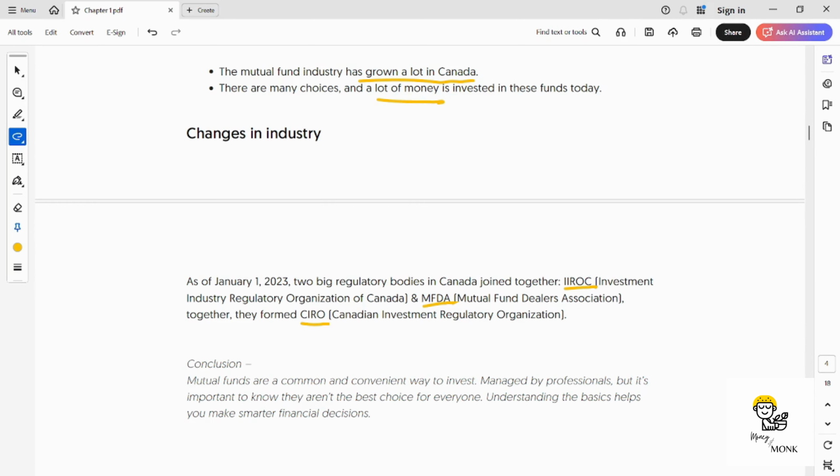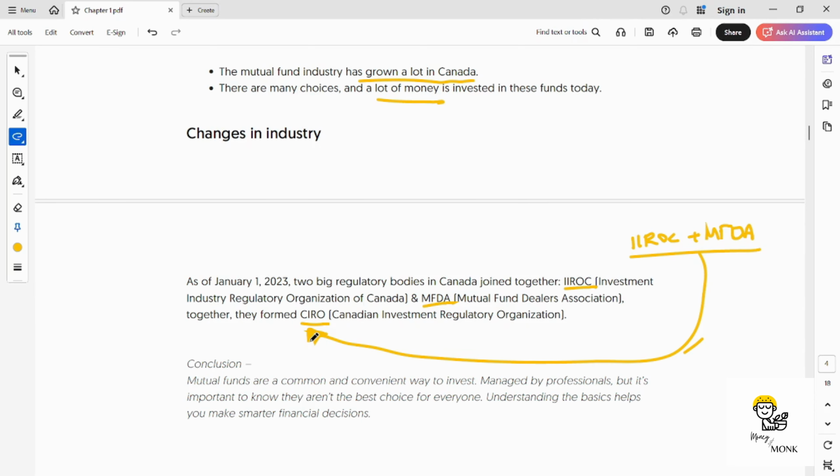They joined together and formed CIRO, which is the Canadian Investment Regulatory Organization, which means before January 1st, 2023, we had two different regulatory bodies, namely IIROC and MFDA. And they combined and made CIRO. Okay, so as of today, we only have CIRO. Okay, but before January 1st, 2023, we had IIROC and MFDA.